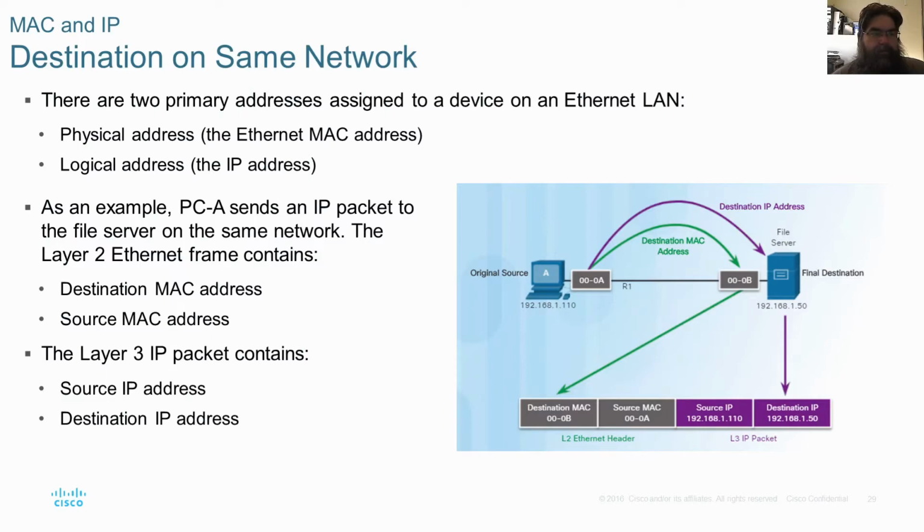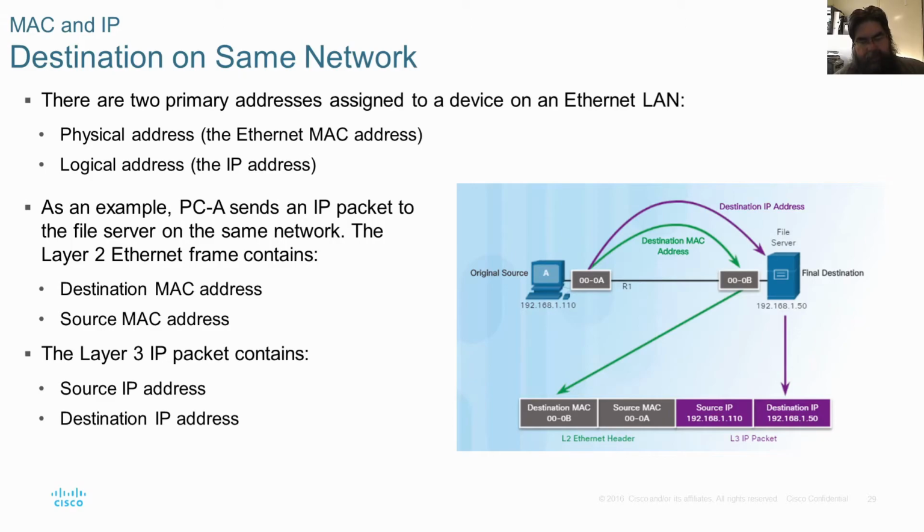With Address Resolution Protocol, we need to have a method of matching the physical address with a logical address. So our logical addresses come down into the data link layer via the packet.